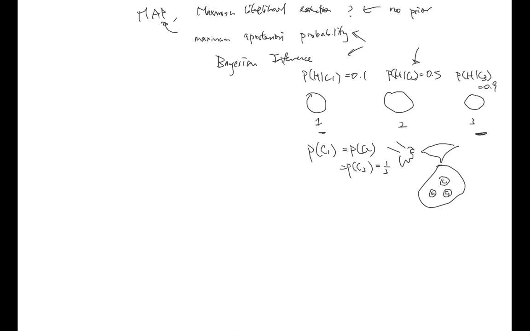And let's say I do an experiment: after I pick the coin, I flip it just once, and I get a head the first time. Then I want to compute the probability of C1 given head.